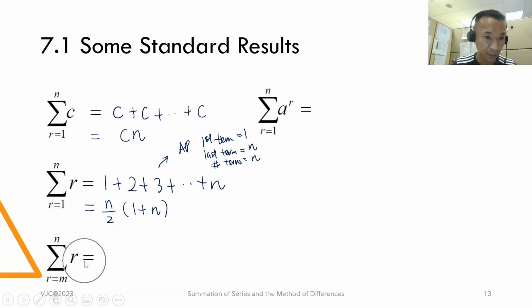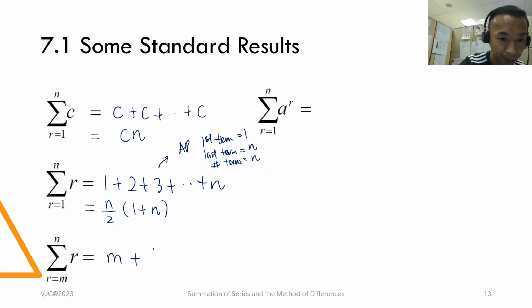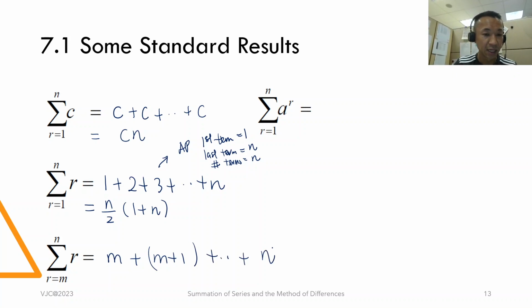Now, what about this? Actually, this is similar to this in that this is also an AP, where this is m plus 1 all the way to n. Now, this is also an AP, common difference 1. The only difference here is that the number of terms is no longer n.